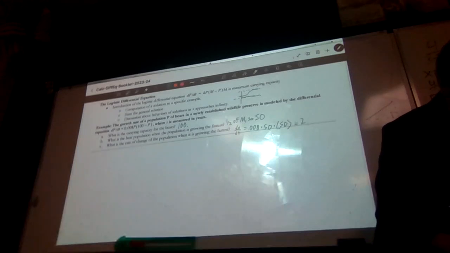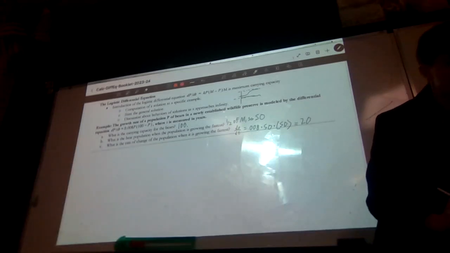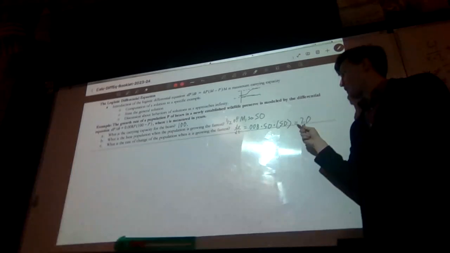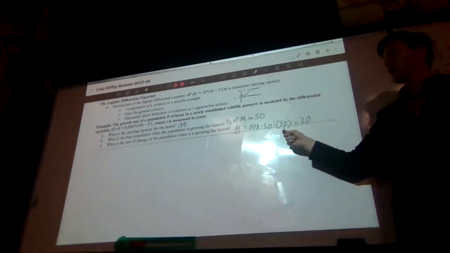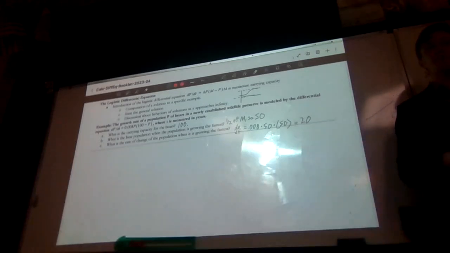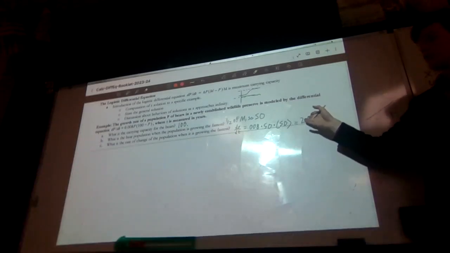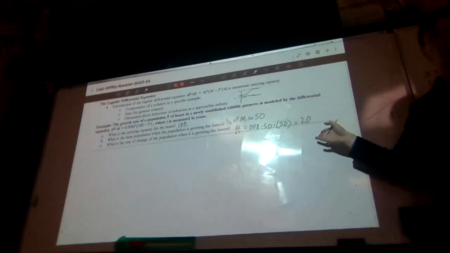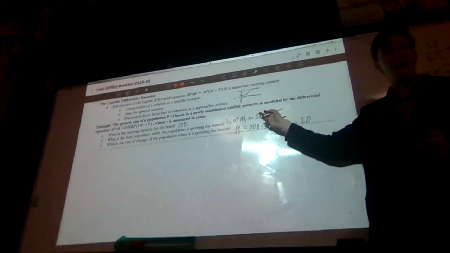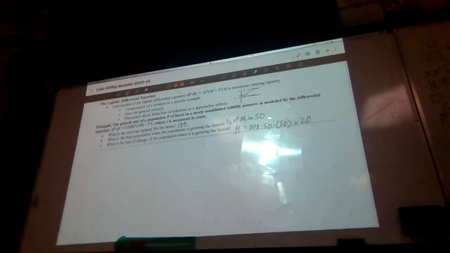Whoa, wait. You should get 20. 20? Now, recall, this is a rate. So what is this saying? When the bears have a population of 50, when the bears have their fastest growth, what is their growth? 20 bears per 1 year. So when there's 50 bears, the next year, we will have 20 more bears.